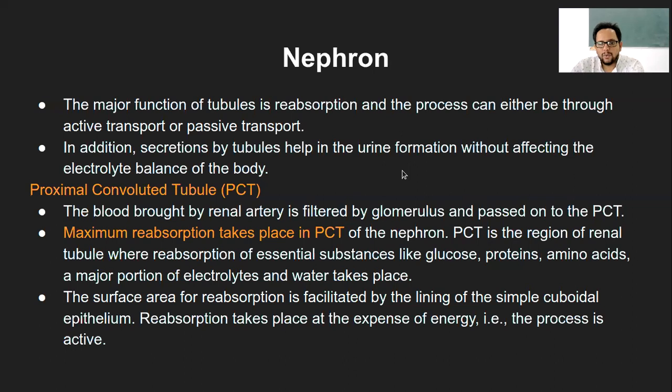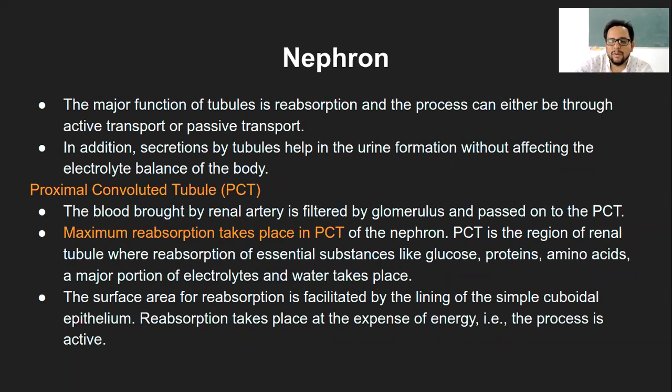Then coming back to the first part of the nephron, that is the proximal convoluted tubule, and what exactly happens there. So the blood is brought to the kidney by the renal artery, and then it is filtered by the glomerulus, and what we receive is glomerular filtrate. That is the first filtrate, which is not urine at all, which is just the filtrate of the blood.